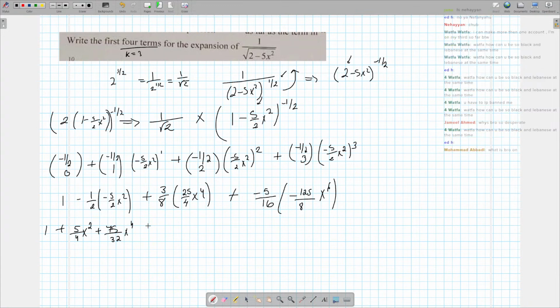And then plus, it's going to become plus because negative, negative. 5 times 125 is going to be, these are hard numbers, man. 5 times 100, 500. And then yeah, 625 over 16 times 8.